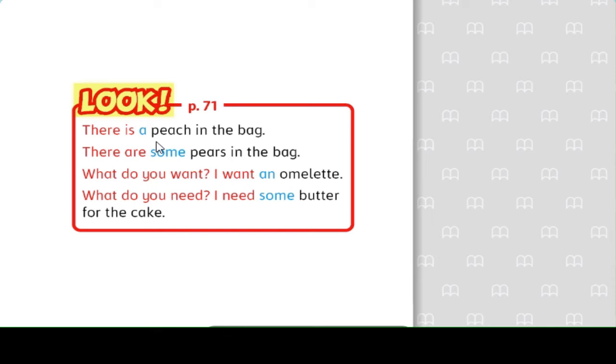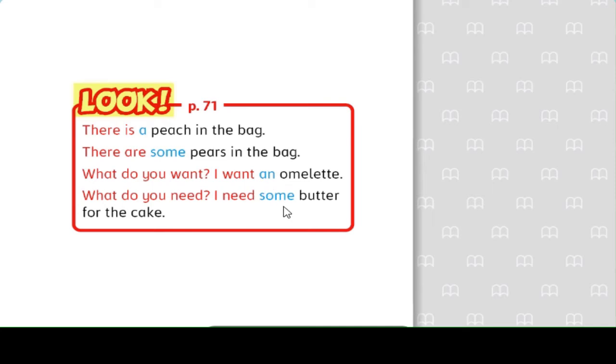It's okay with all letters that are consonants. But with vowels, we have to say an apple, an orange, an ice, and so on.